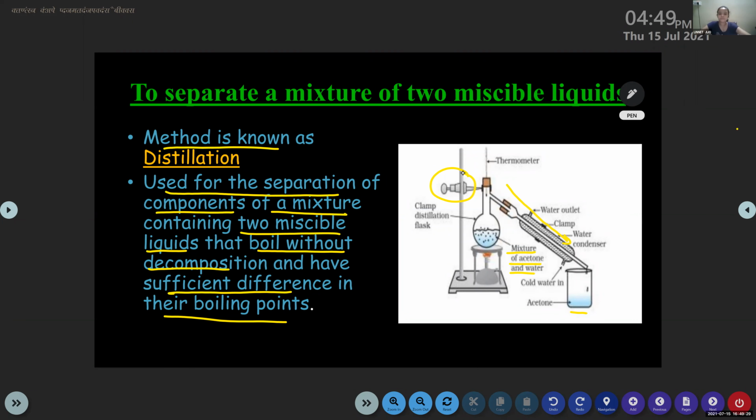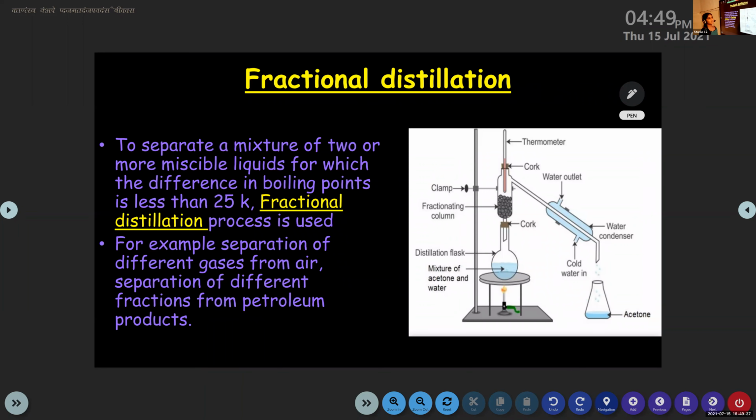Then there is one more method similar to distillation, and it is known as fractional distillation. To separate a mixture of two or more miscible liquids, for which the difference in boiling point is less than 25 Kelvin.